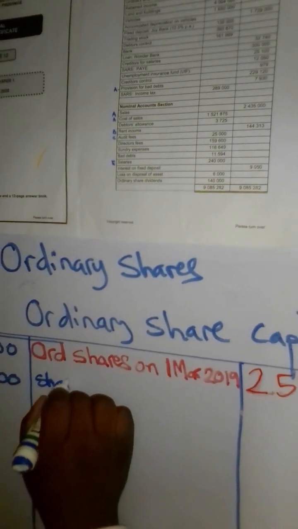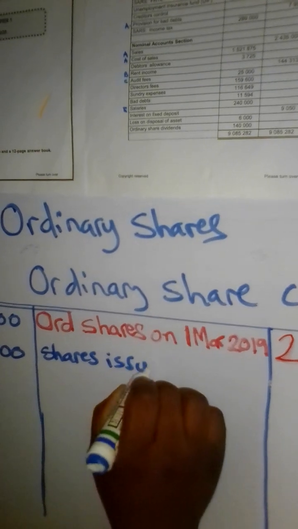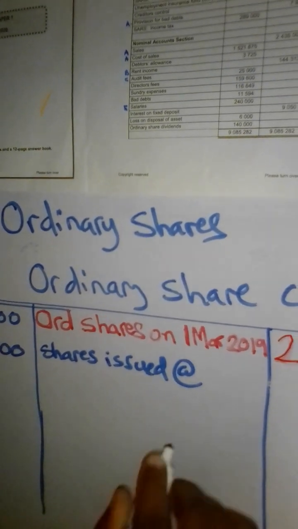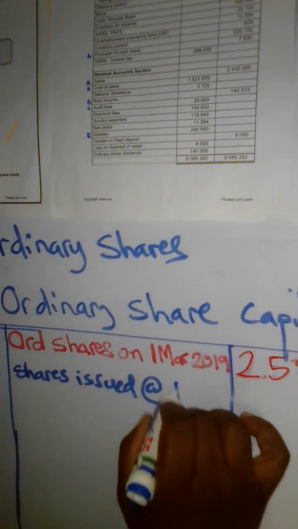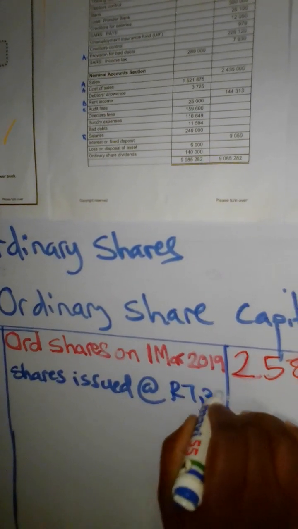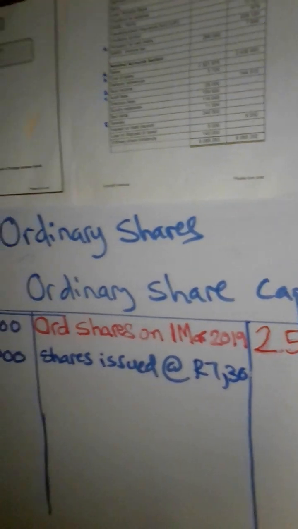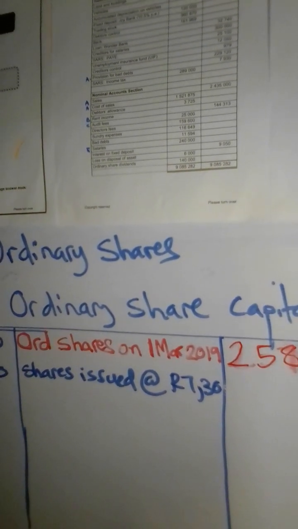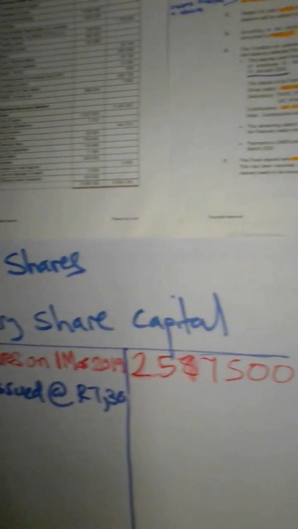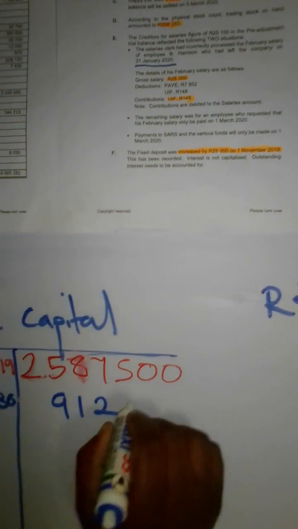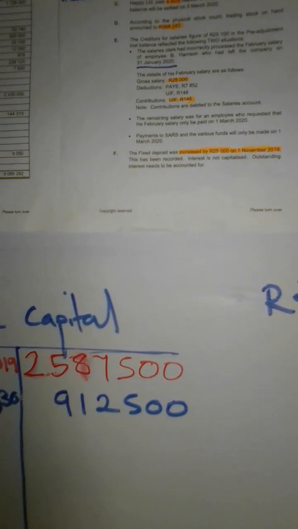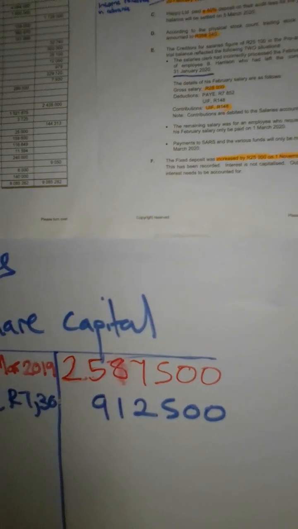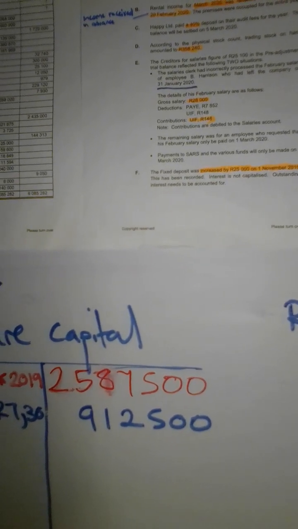Shares issued at R7.30. So we can calculate again: R7.30 times 125,000 shares gives us 912,500. This is the amount for the additional shares that were issued. Let's move on.